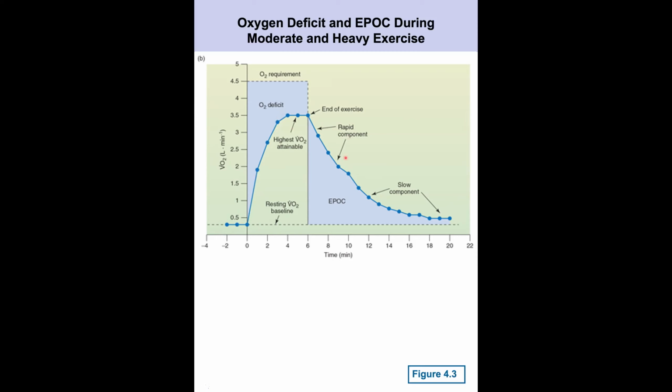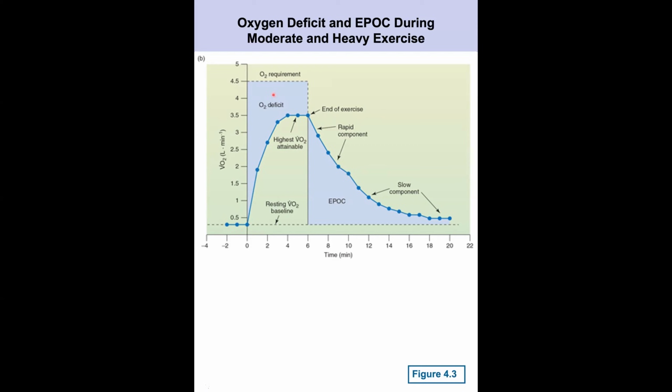That means that after moderate and heavy exercise, you have a longer epoch due to the energy systems that were used to produce that work. And so you'll see you still have a rapid component where you see a rapid decline in oxygen uptake after exercise, but you see it significantly start to slow, and it's still at, what is this, 14 minutes after exercise, you still haven't hit baseline.